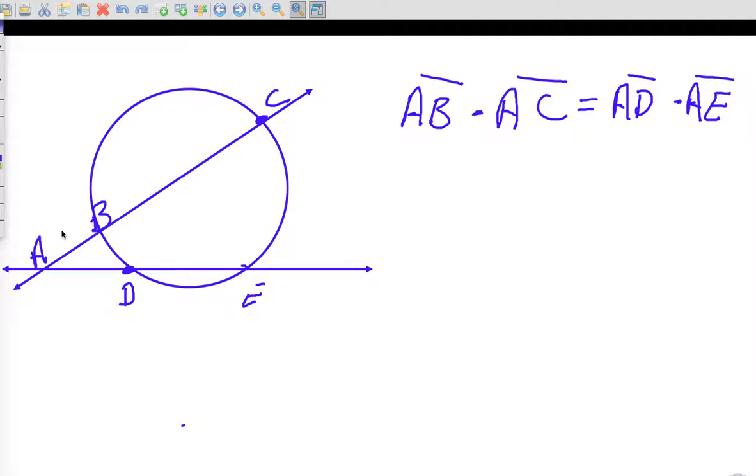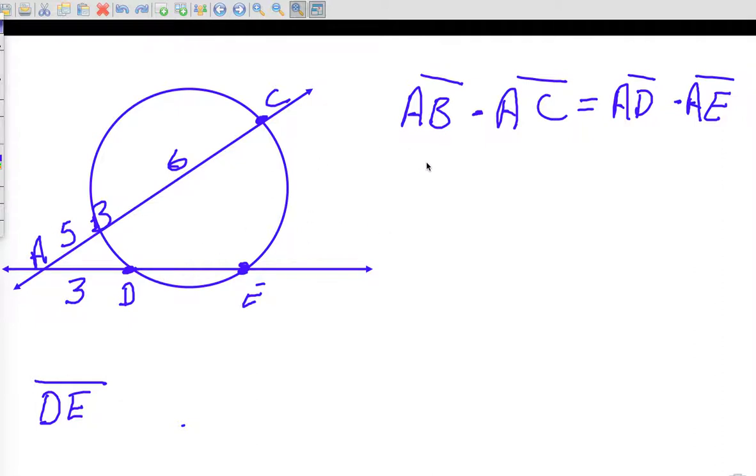So if this is 5, and this is 6, and this is 3, let's find segment DE. That's this piece right here. Well, with our equation here, we have the product of AD times AE. So if we go ahead and find AE, we can use that information to help us find DE.